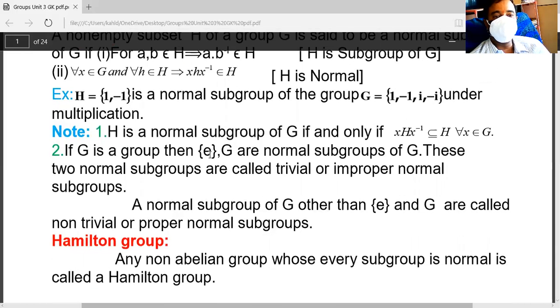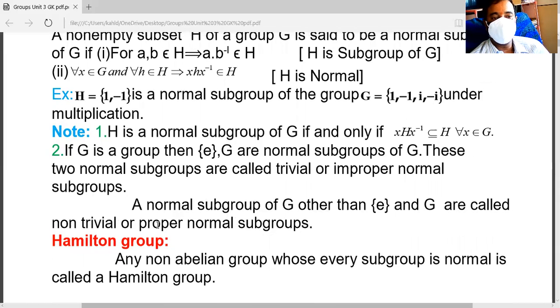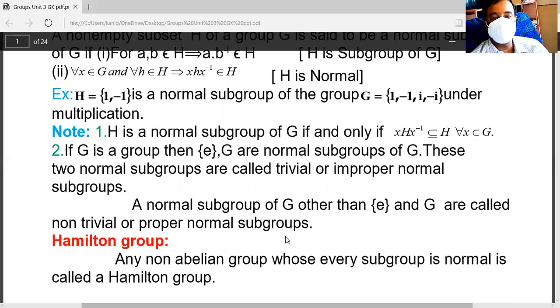Other than these two improper normal subgroups, all the remaining normal subgroups of the group G are called non-trivial or proper normal subgroups of group G. What are the improper normal subgroups for a group G?